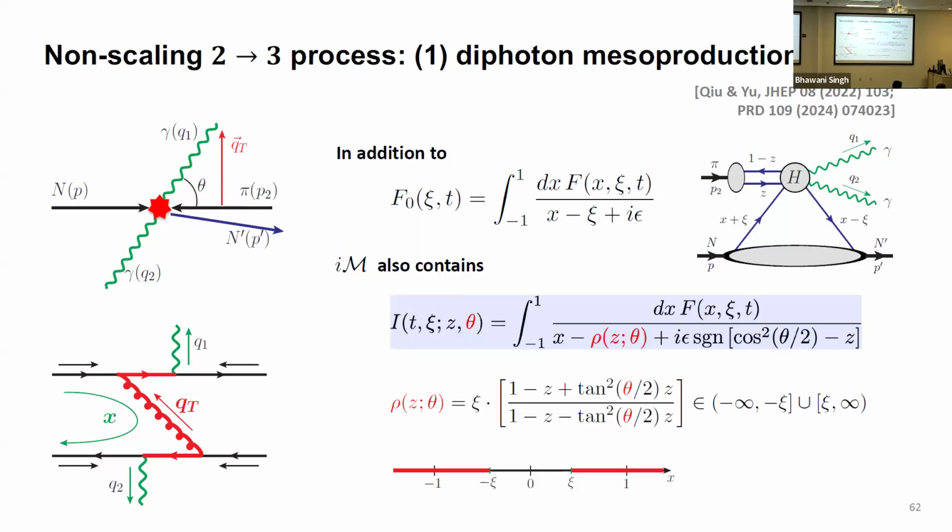We require the two photons to carry large and balancing transverse momentum, and that requires a hard gluon to connect these two parton lines. It is this QT flow that entangles with the X flow to give us extra sensitivity to the X dependence. It turns out that we have extra sensitivity in the two DGLAP regions, for X to the left of minus psi and to the right of psi.